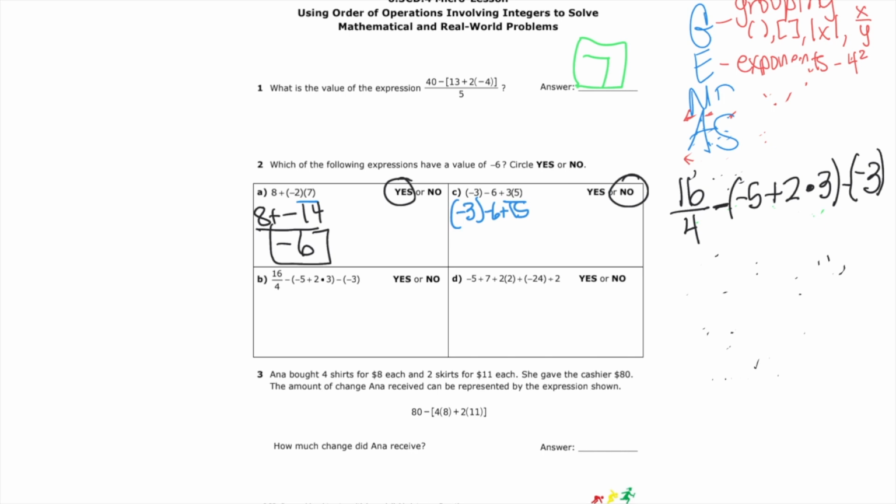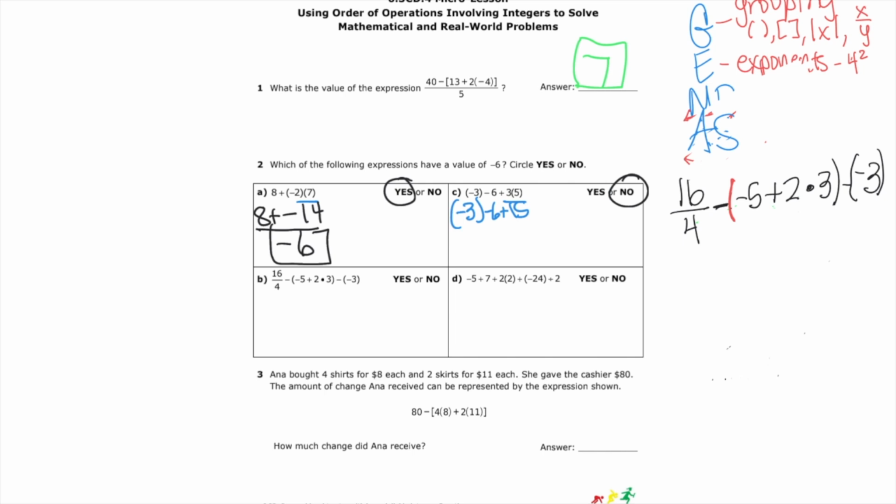That's a lot. So let's go back up to GMDOS again. We're looking at that group. This is a big one. I actually see two different groups. I see a group with 16 divided by 4, and then inside my parentheses a negative 5 plus 2 times 3.